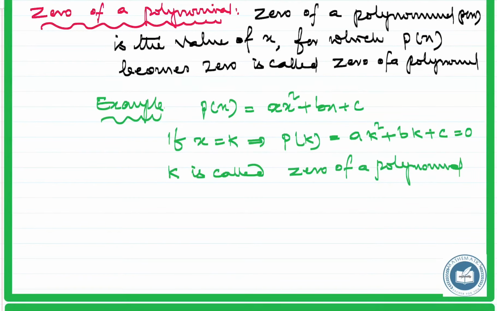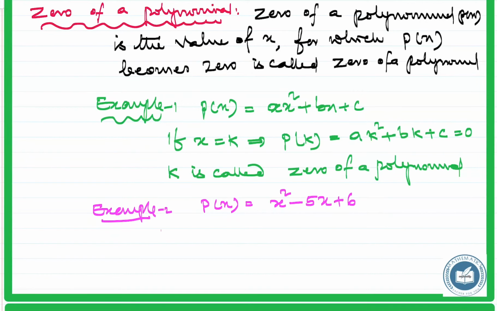I will take one more example here. Suppose p of x, that is also a variable x polynomial of the second degree, x square minus 5x plus 6.